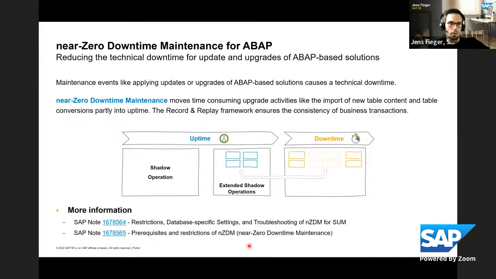So this technology was there for quite some years. And then back in 2016, we also learned that nZDM does not meet all downtime requirements from all customers. So we came up with the zero downtime option approach.